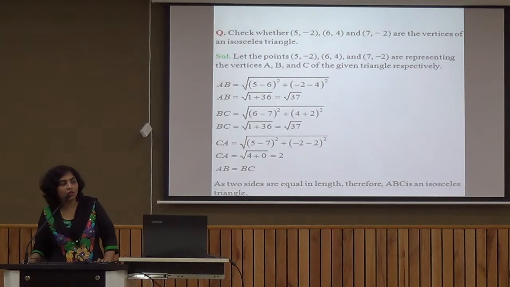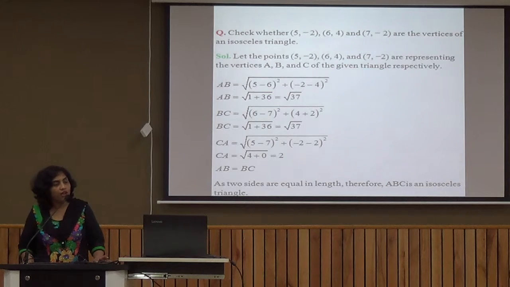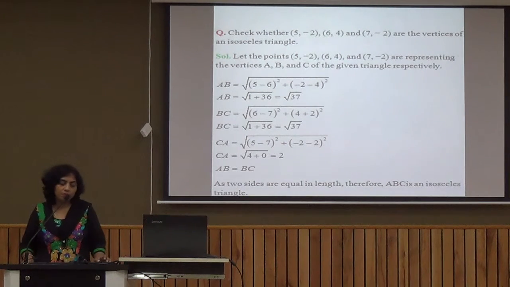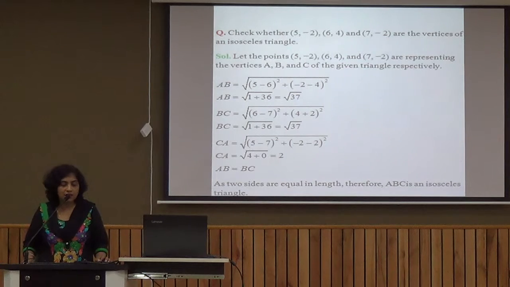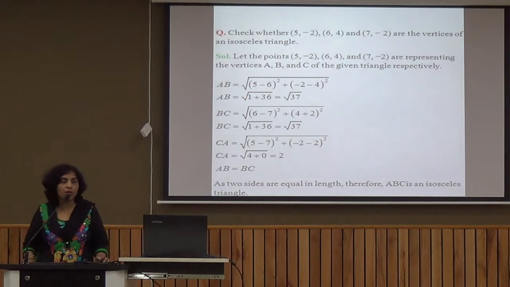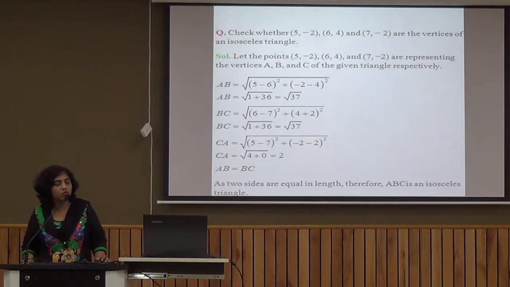So when we calculate AB, we get (5 minus 6) whole square plus (minus 2 minus 4) whole square, whole under root, as square root 37. BC is (6 minus 7) whole square plus (4 plus 2) whole square, again square root 37, and AC is (5 minus 7) whole square plus (minus 2 minus minus 2) whole square, under root we get the square root of 4, which is equal to 2.